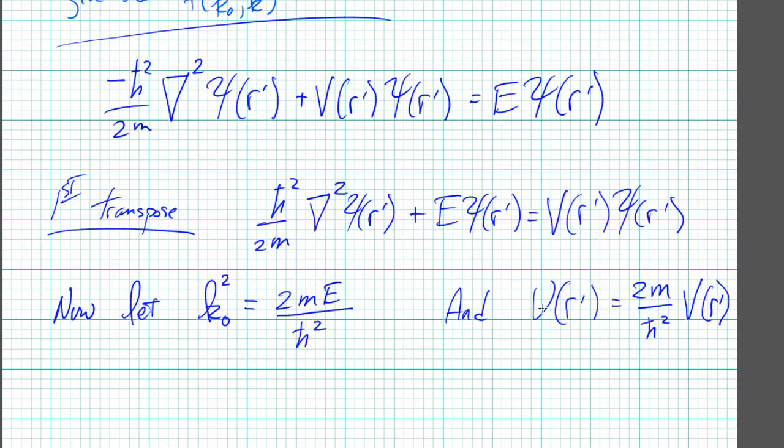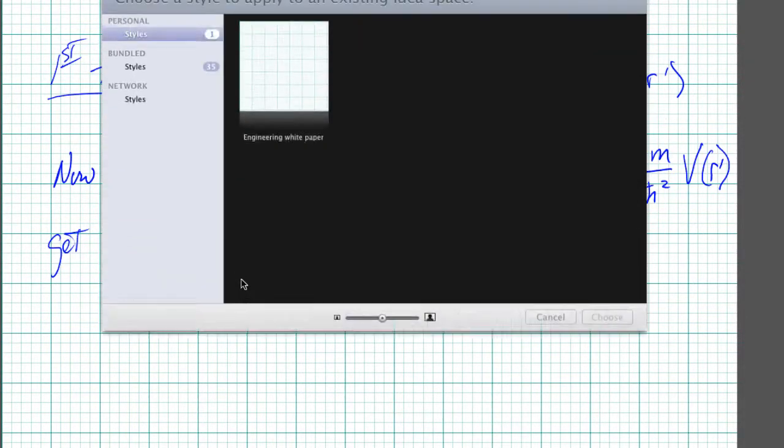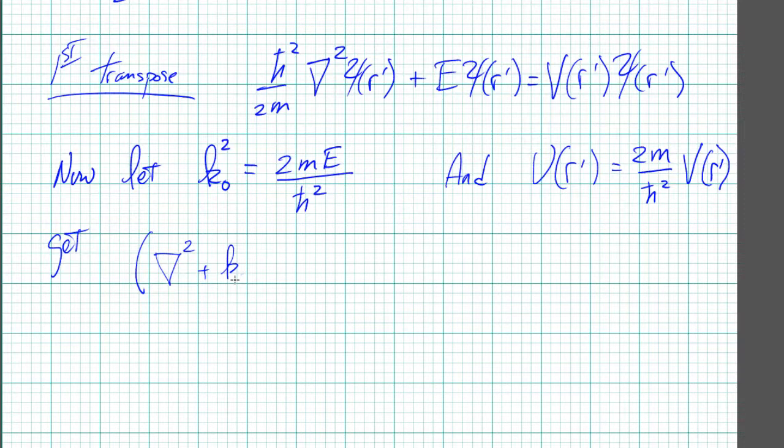If we plug those values in, we can pull out an operator, so we will get del squared plus k naught squared operating on psi, and that'll equal U of r prime times psi of r prime.